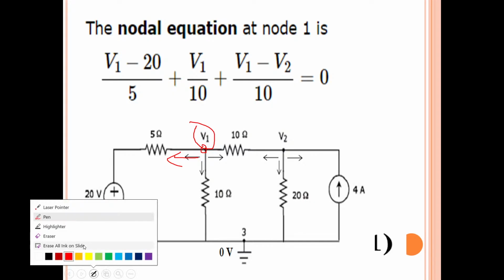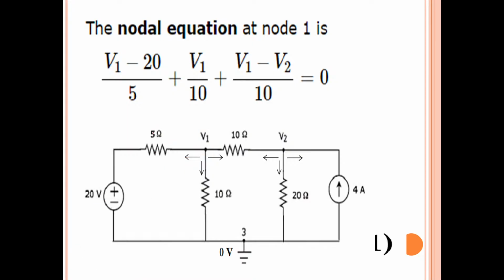This is the 5 ohms resistor. This side 20 volts is there, this side V1 is there. So the potential difference divided by the resistance will give us the current through the 5 ohms resistor. What is the potential difference, 20 minus V1 or V1 minus 20? It depends on the direction you have assumed.